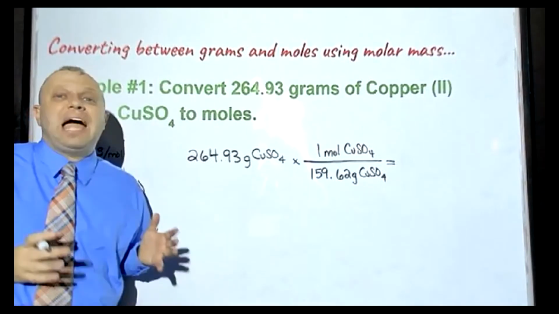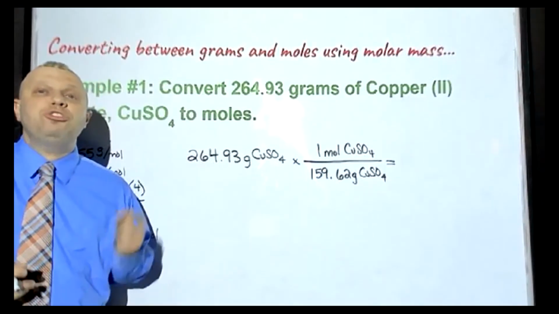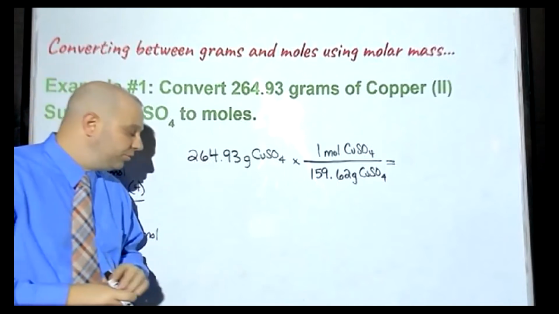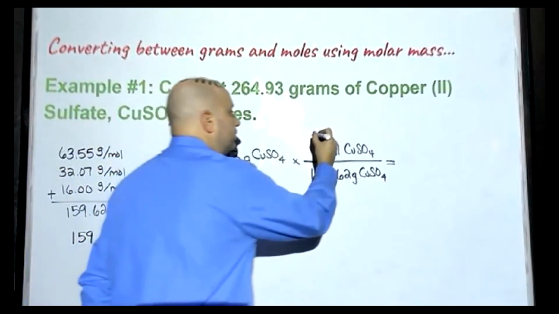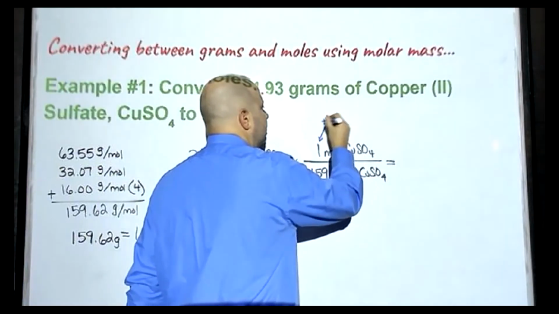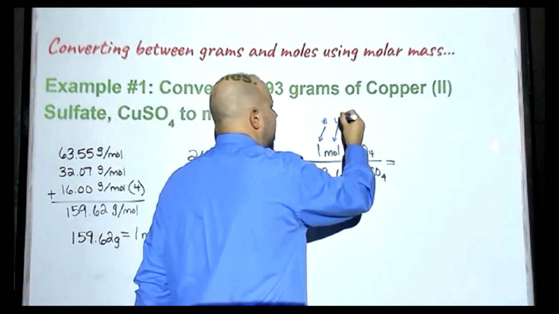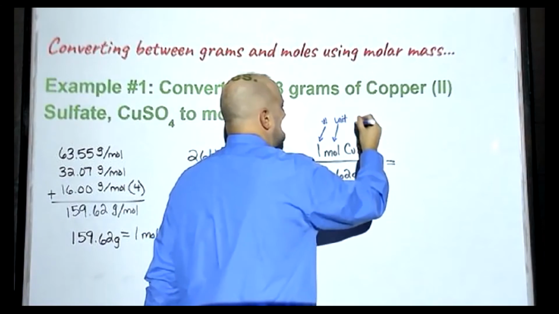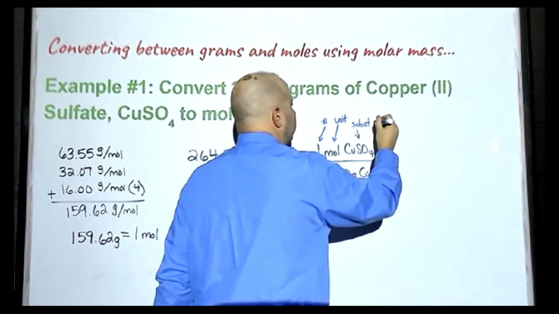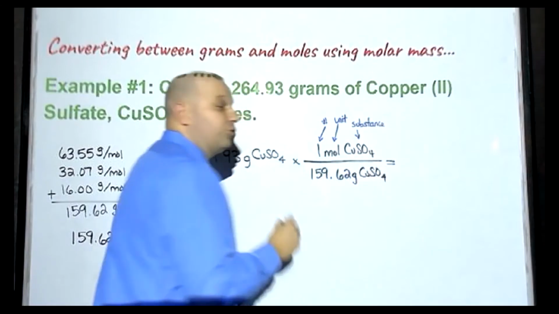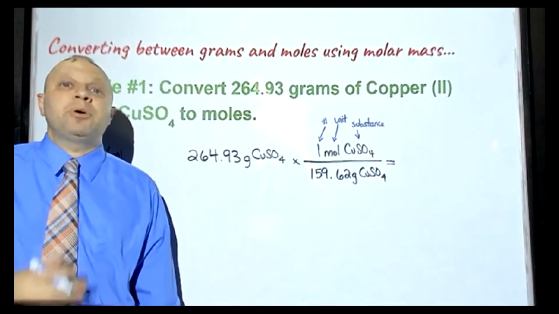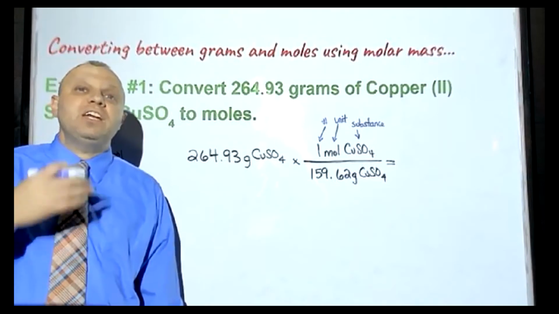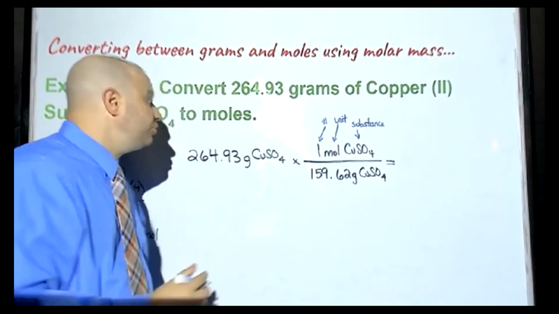Now, when we're doing our problem, you want to make sure to always include 3 parts: the number, the unit, and the substance. So from this point in the class forward, anytime we write a number, we're going to always associate a unit and whatever substance we are talking about.